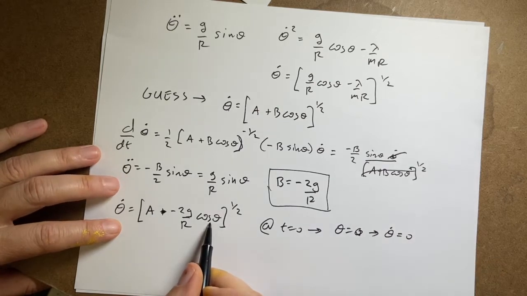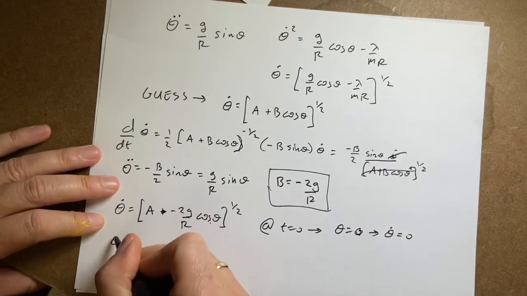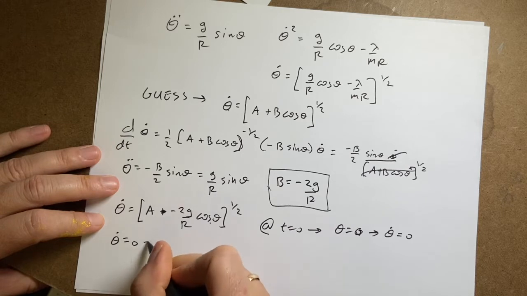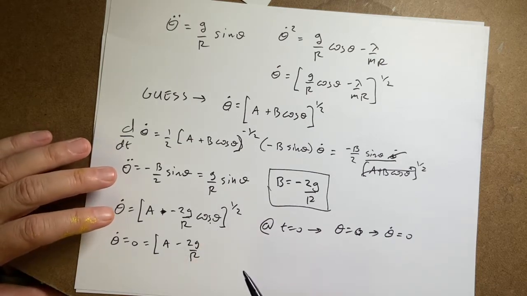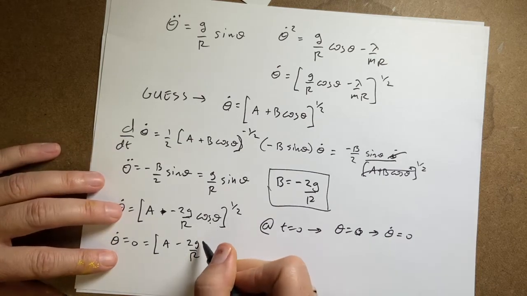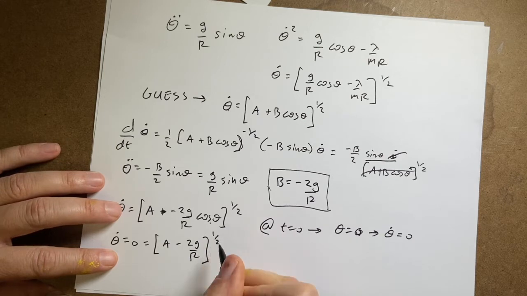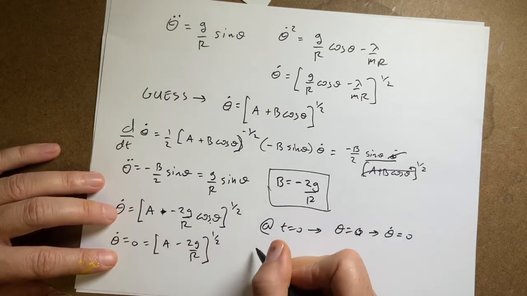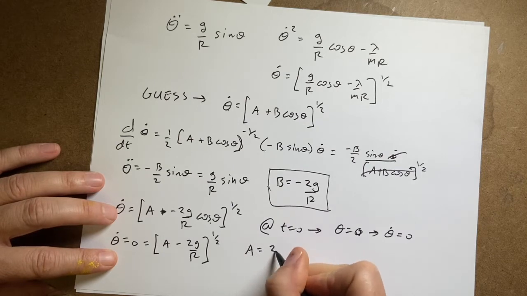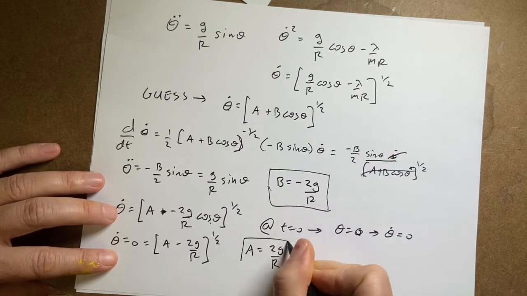So if I put in 0 right here, then theta dot equals 0 equals a minus 2g over r. Cosine of 0 is 1 to the 1/2. So now I can square that. And the only way that works is if a equals 2g over r. Is that right?